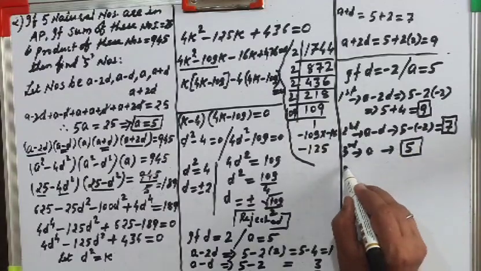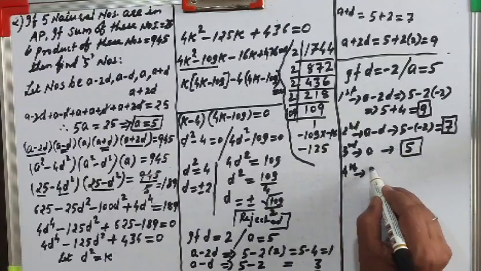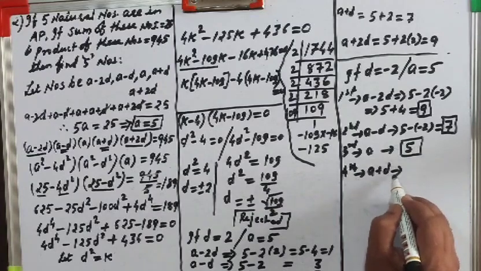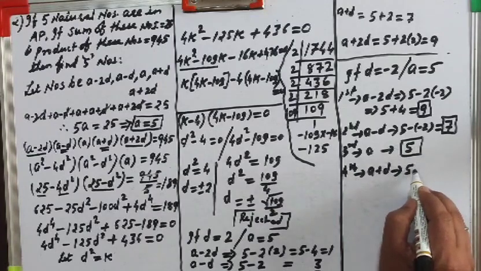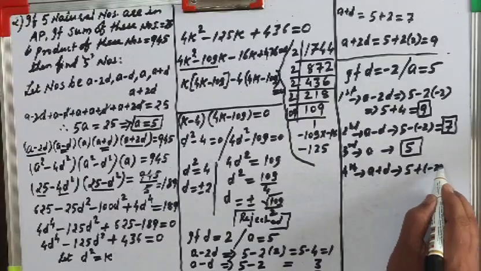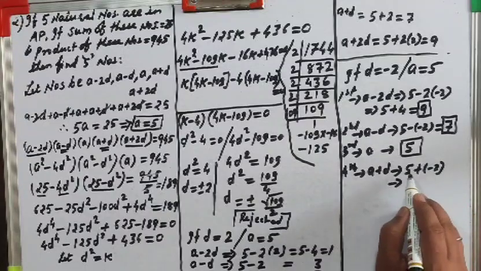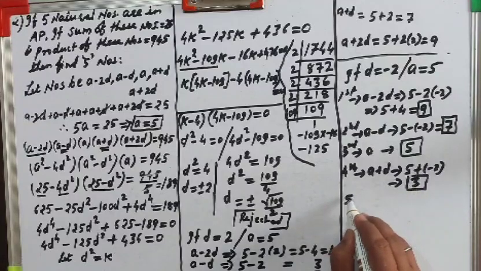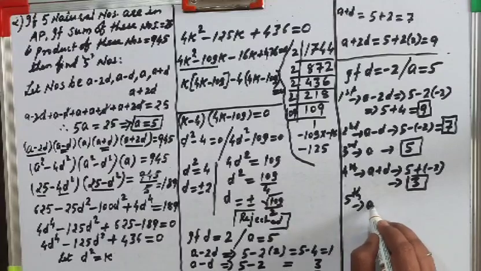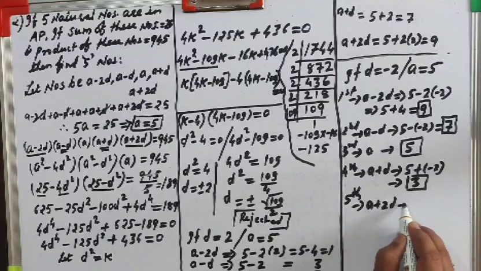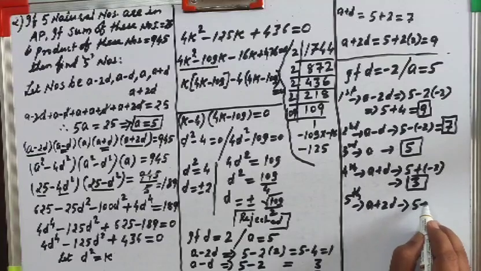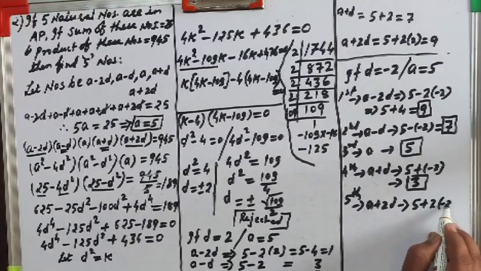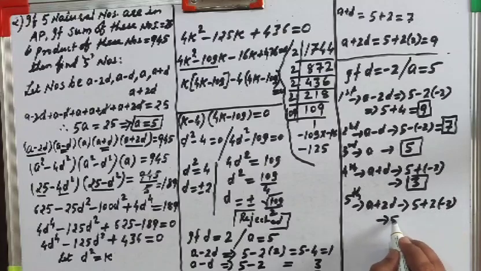Now the fourth number is a plus d. So this will be equal to 5 plus minus 2, that is 3. And the fifth number, which is a plus 2d, implies 5 plus 2 into minus 2, which means 5 minus 4, which is 1.